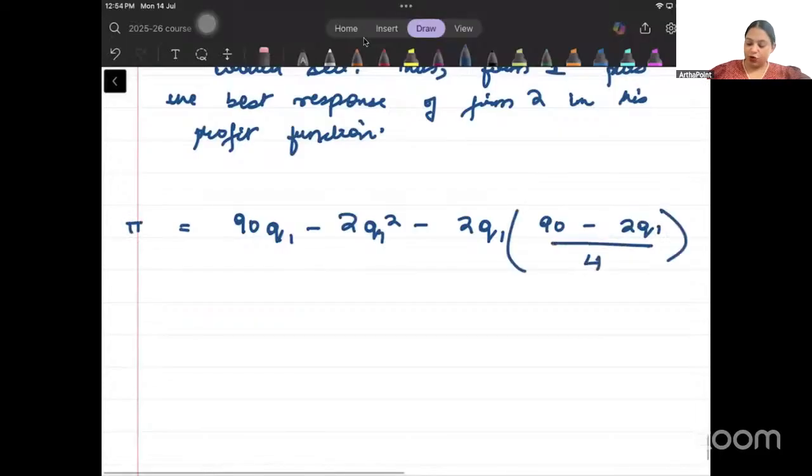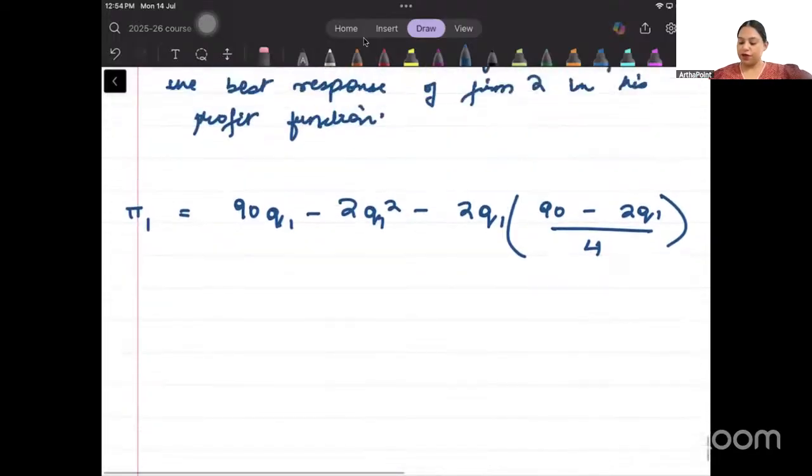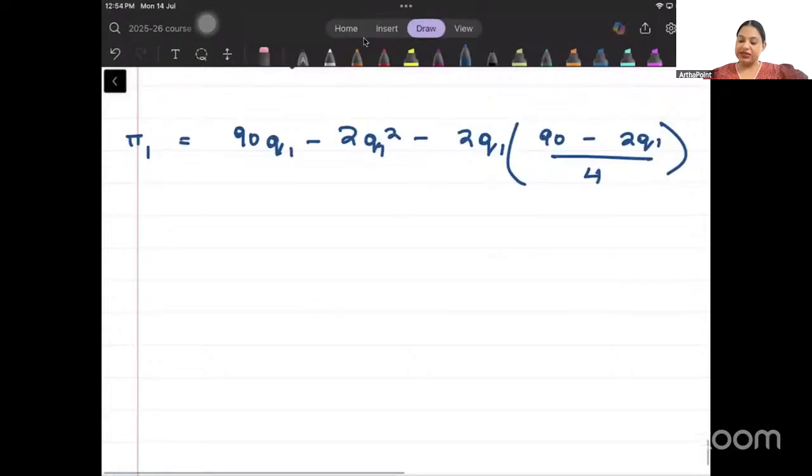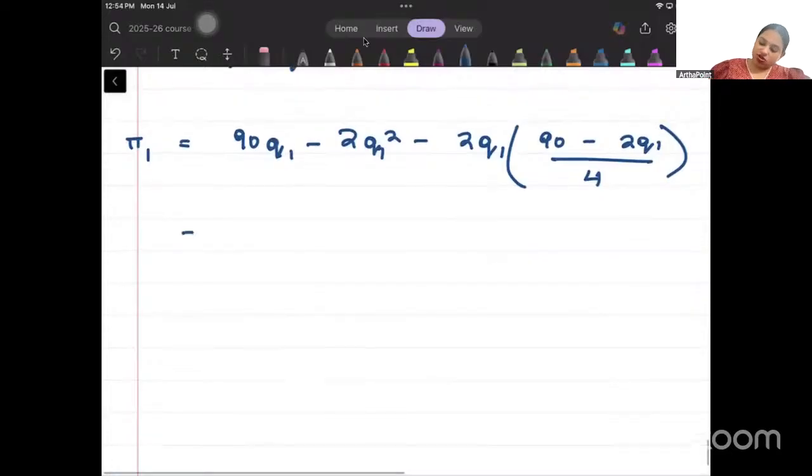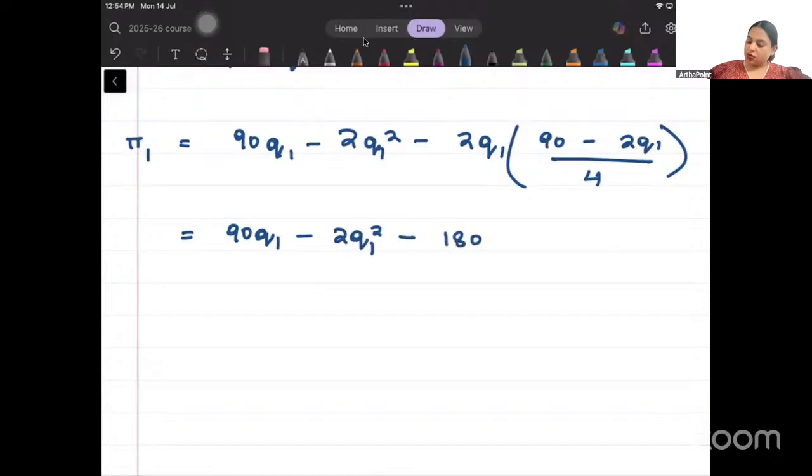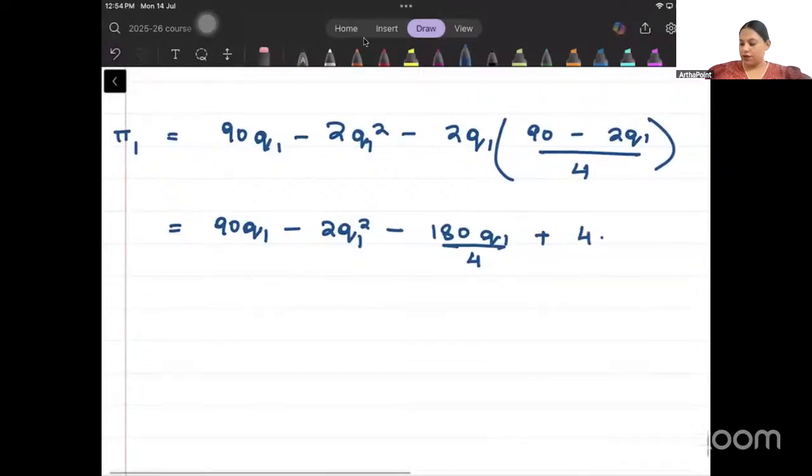Right, this is the profit function of firm 1. Now notice that the profit function of firm 1 is entirely in terms of Q1. So I can just open this further. 90 Q1 minus 2 Q1 square minus 180 Q1 by 4 plus 4 Q1 square by 4.